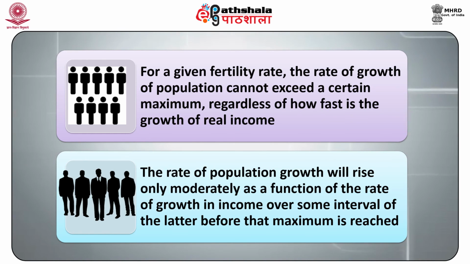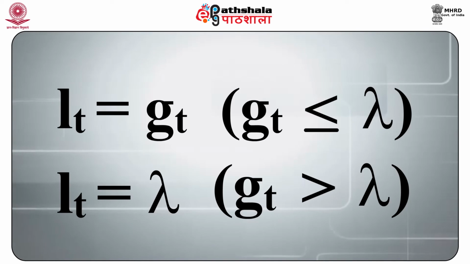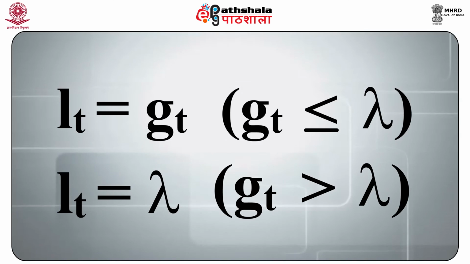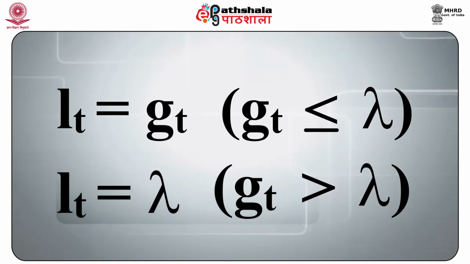Secondly, the rate of population growth will rise only moderately as a function of the rate of growth of income, for some interval of the latter before the maximum is reached. Given these 2 points made by Kaldor, we use certain symbols.